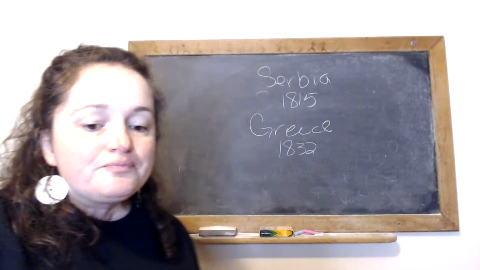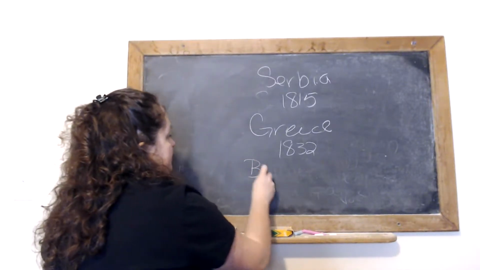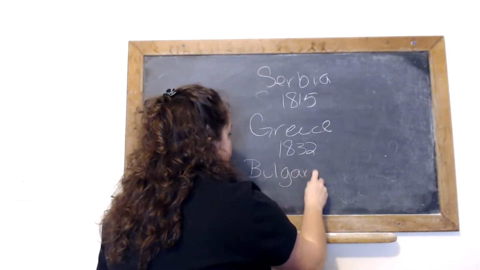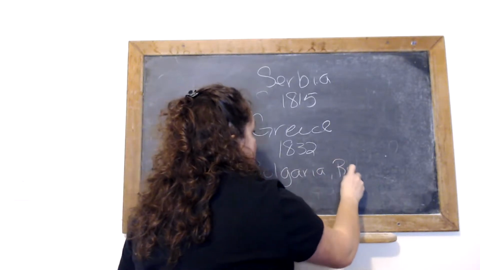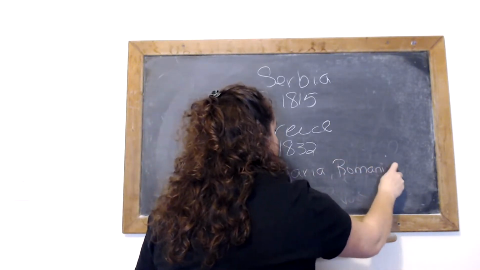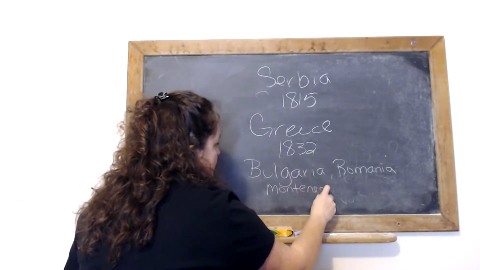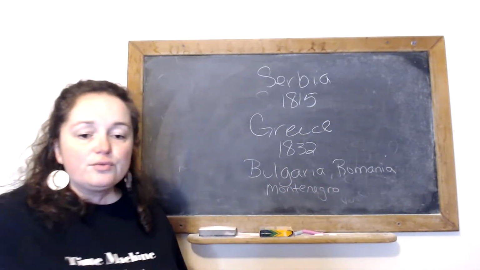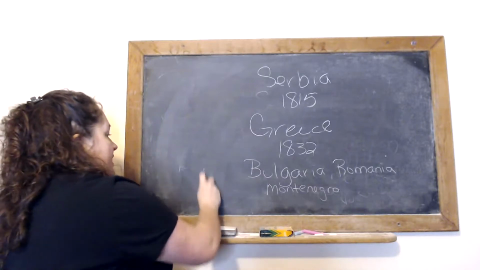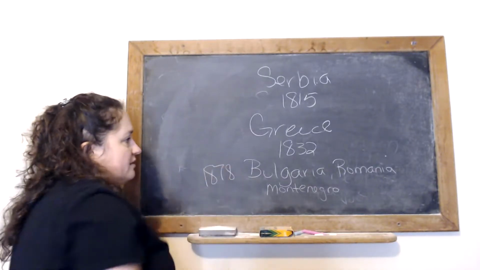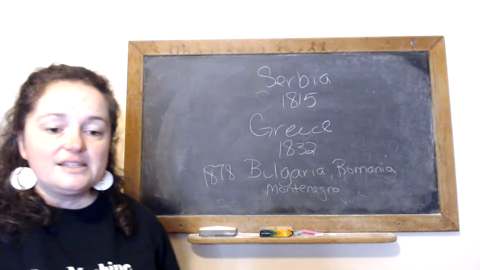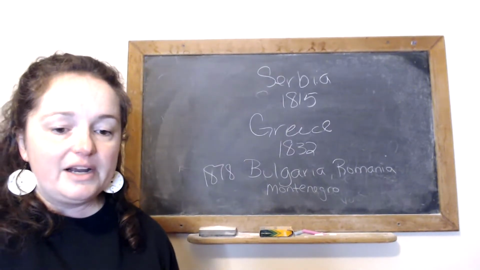All right? So Bulgaria and Romania and Montenegro. They're freed after the Russo-Turkish War in 1878. These would have all been places that would have been in the Ottoman Empire prior to that.